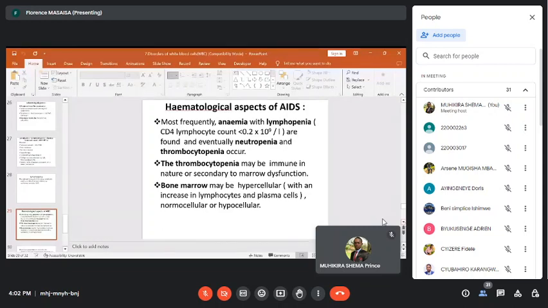Thrombocytopenia can be due to immune causes or to bone marrow dysfunction. In HIV infection, the bone marrow might be hypercellular with an increase of lymphocytes and plasma cells. It might also be normocellular or hypocellular. So there is no characteristic feature of the bone marrow in HIV/AIDS.